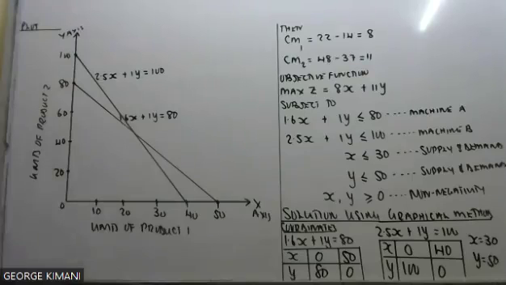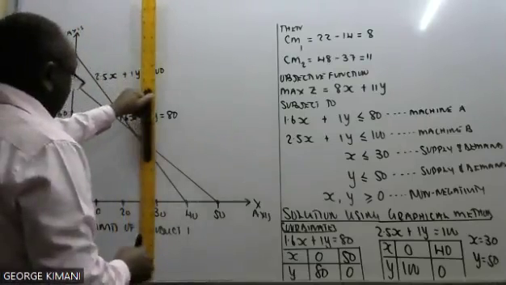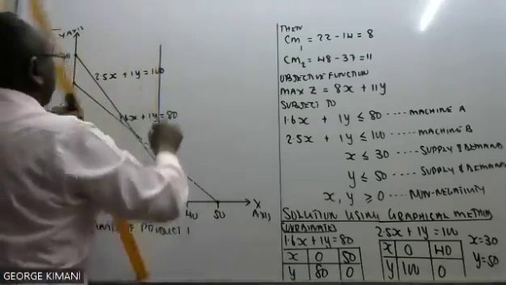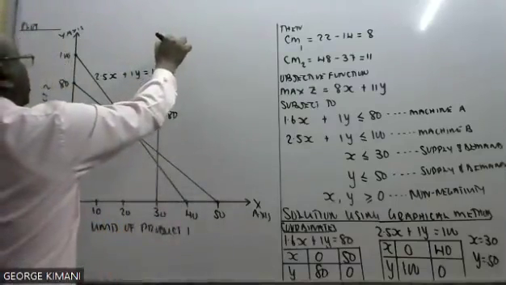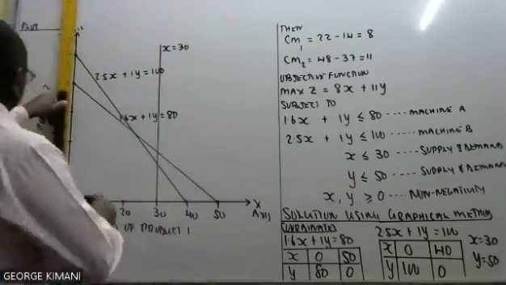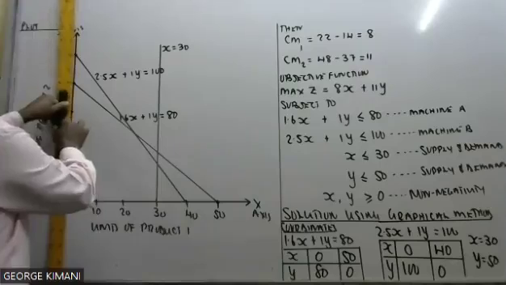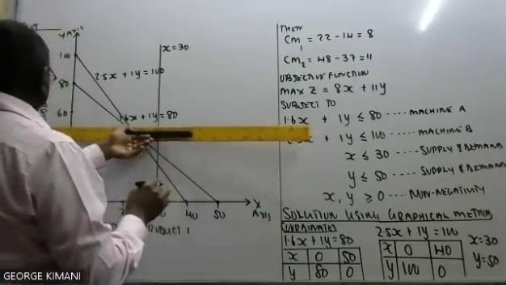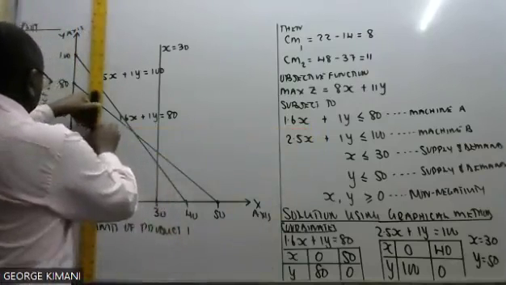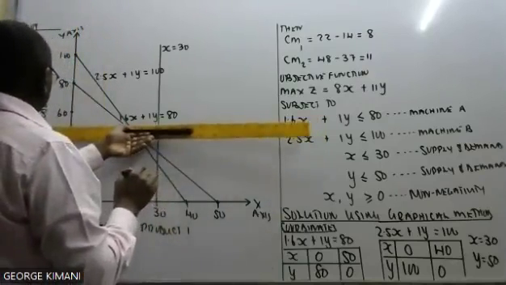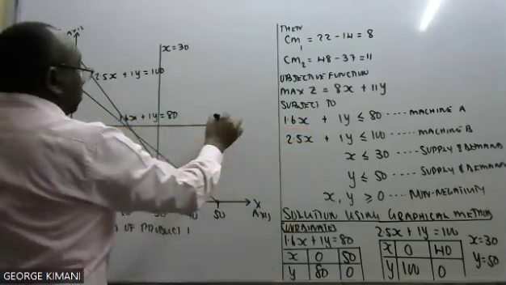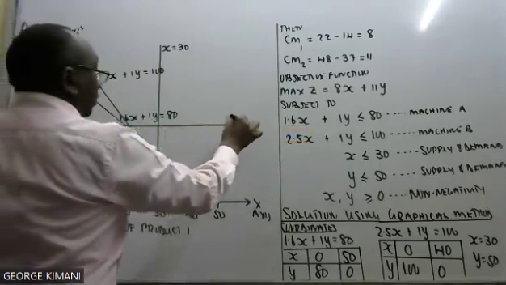Then x is 30, so 30 is here. So x is 30 and y is 50. 50 is somewhere here. Y is 50.